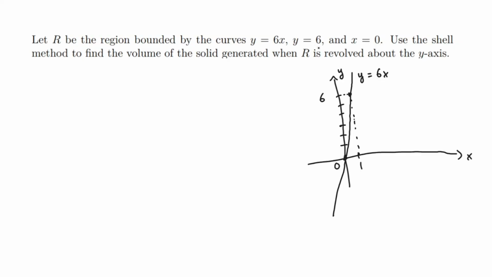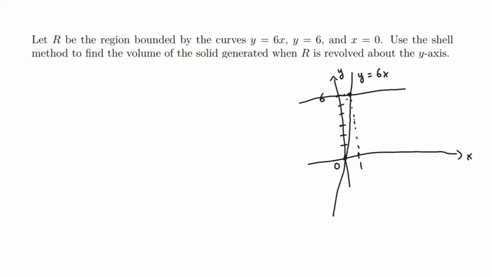And y equals 6, so this is this line. And x equals 0, which means this is the vertical axis, the y-axis. So this is the region R. And we have to rotate it around the y-axis.